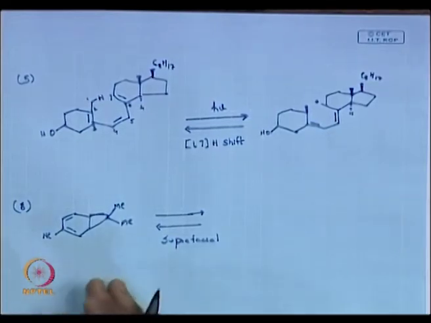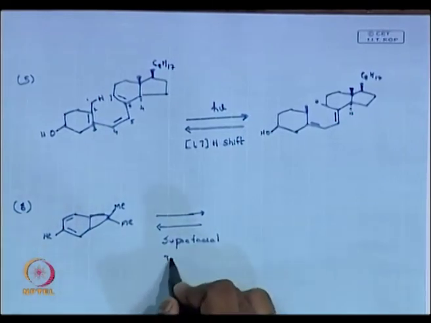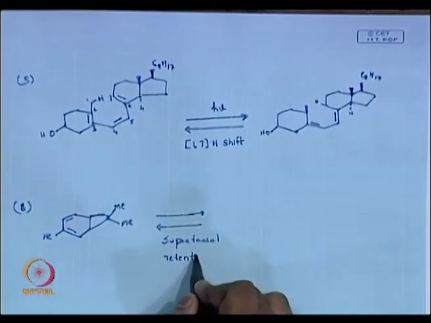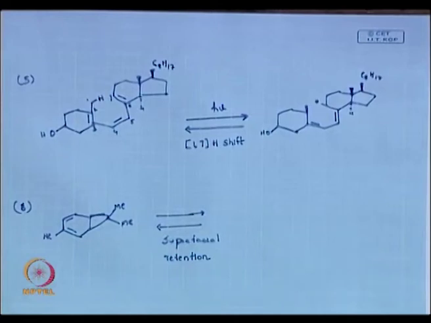So, I want this reaction. This reaction goes by suprafacial retention. So, tell me what condition it is, the other way around. This is suprafacial retention, this geometry. So, what condition shall I use?